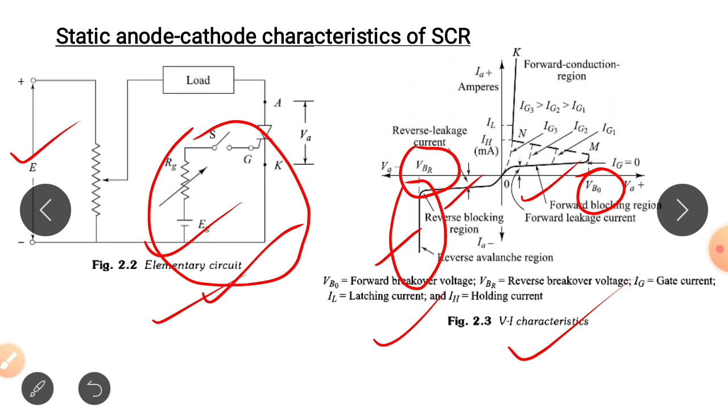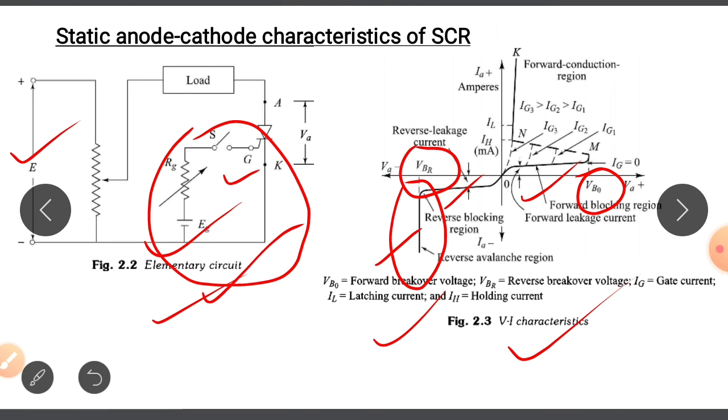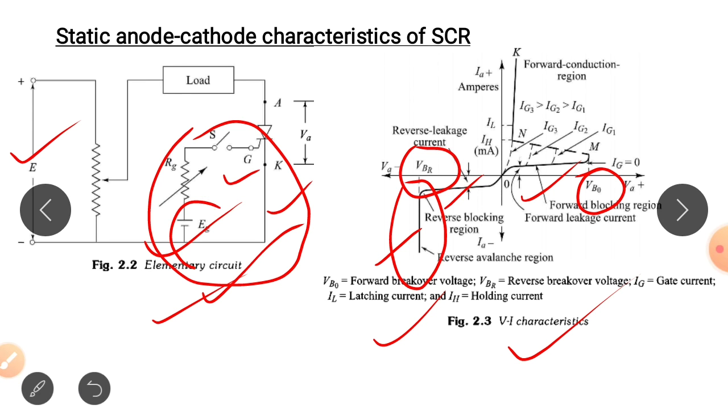Or if we apply a gate supply between gate and cathode, if we apply EG or a gate signal, then what happens? The forward breakover voltage level is decreased, like this part. If we increase the gate current level gradually, the breakover voltage level also decreases, and the thyristor conducts current.